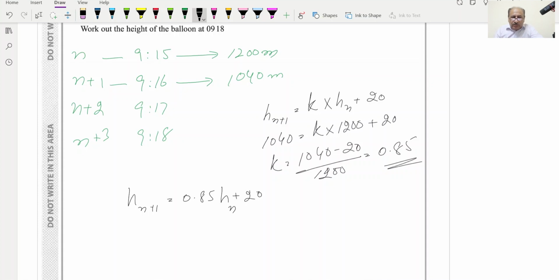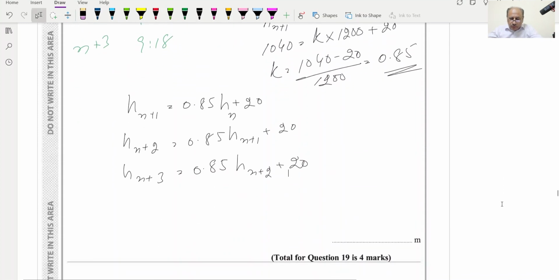Now similarly we can write h(n+2). h(n+2) will be equal to 0.85 h(n+1) plus 20, and for h(n+3) similarly we can write 0.85 h(n+2) plus 20.